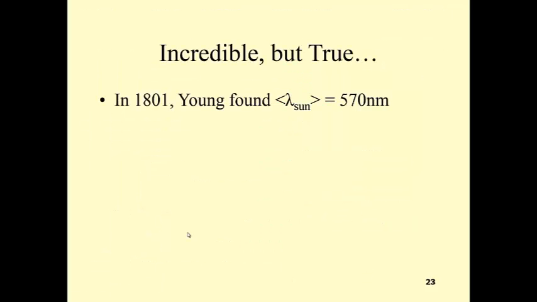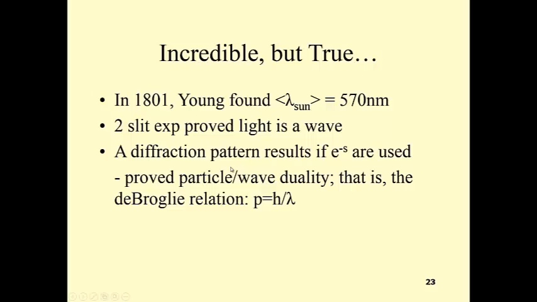The double slit experiment was actually performed in 1801, which is ages ago, 200 years ago. He found that the wavelength of the sun was about 570 nanometers simply by using this experiment. And he used this two-slit experiment to prove that light is a wave, and that a diffraction pattern results if electrons, or the source that's used, are used. So you get electron diffraction patterns.